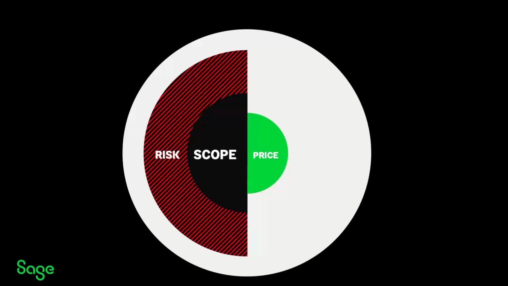So with consistent pricing and with what Go Proposal has to offer, your practice can be more profitable with current clients and new clients coming in, and avoid scope creep.